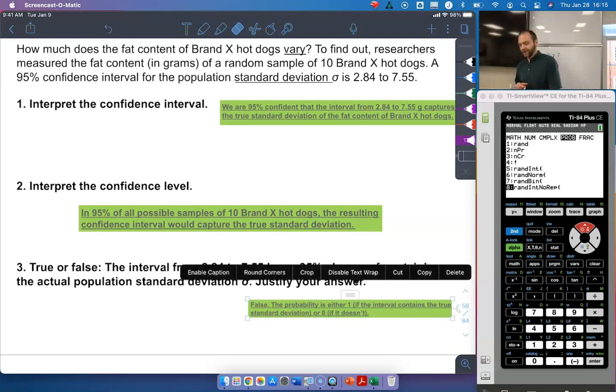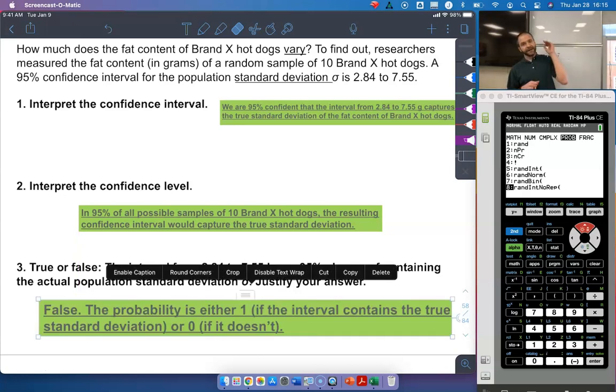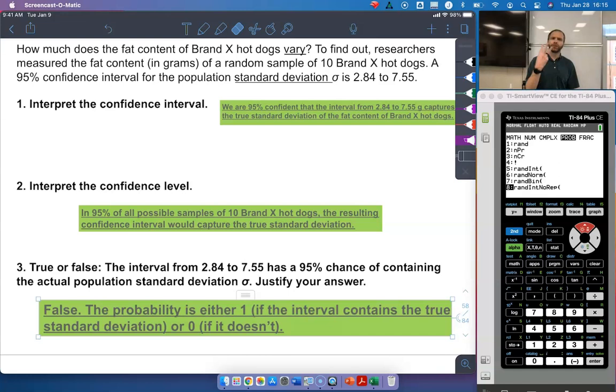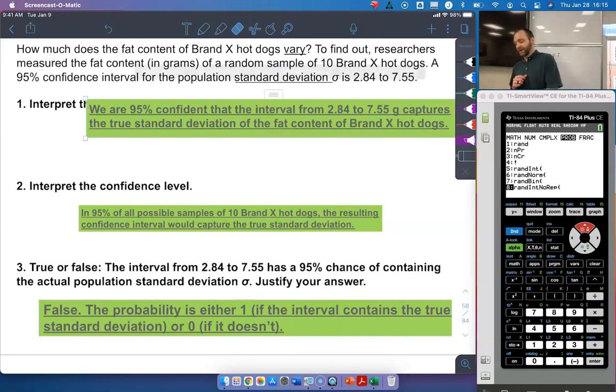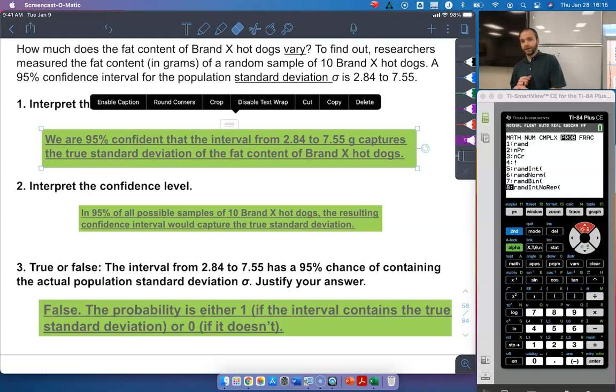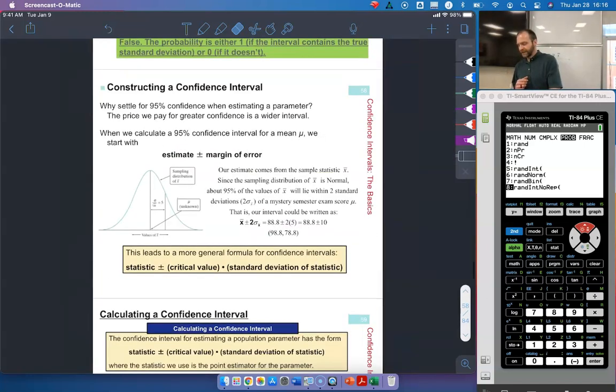And here, false. The probability is either 1, it contains it, or 0, it doesn't contain it. Wow, that's 3 times we've done stuff like this. So maybe that means I really should have paused the video. Kidding, you didn't pause again. And write these down.